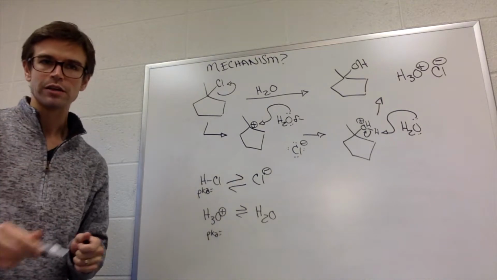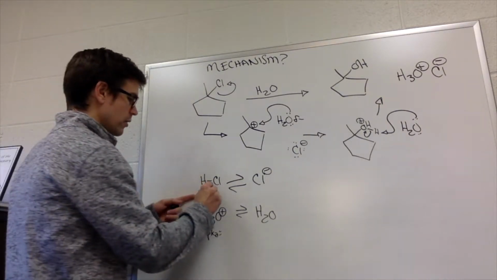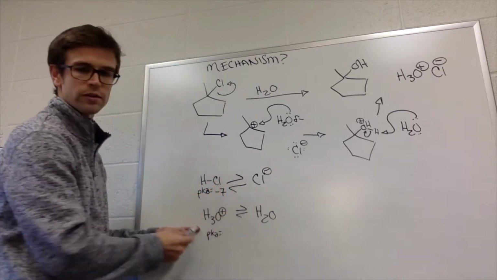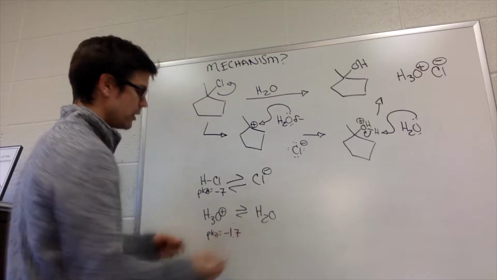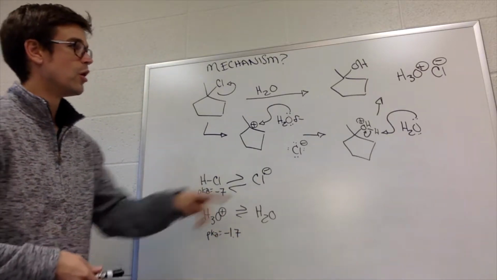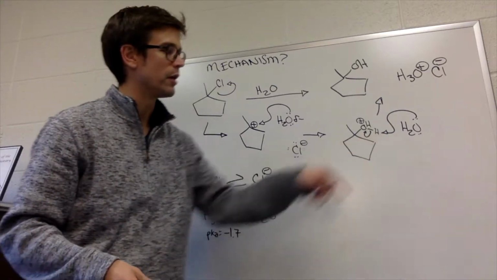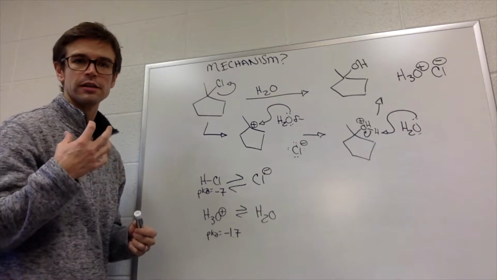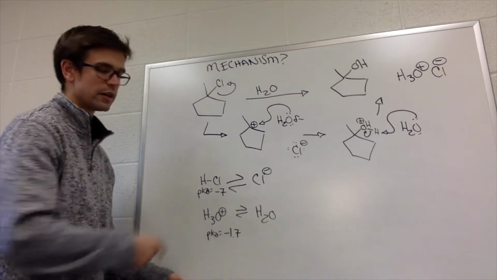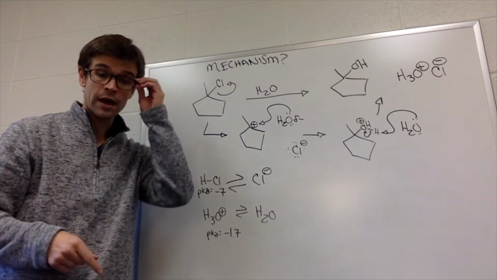So pause it. What's the pKa there? Good job. -7. What's the pKa here? Good job. -1.7. So when it comes to why water is deprotonating that versus why chlorine didn't deprotonate that, it's because water is a stronger base, and we can say that definitively because we know the pKa's of those two things. So great job on that.